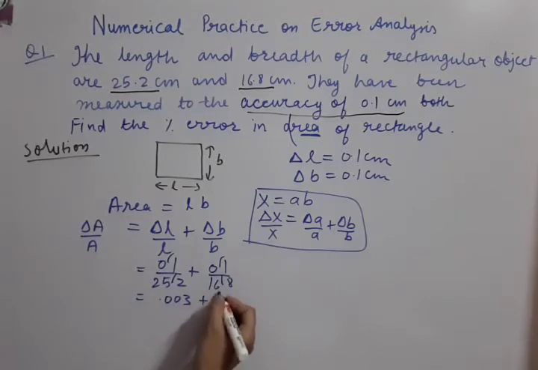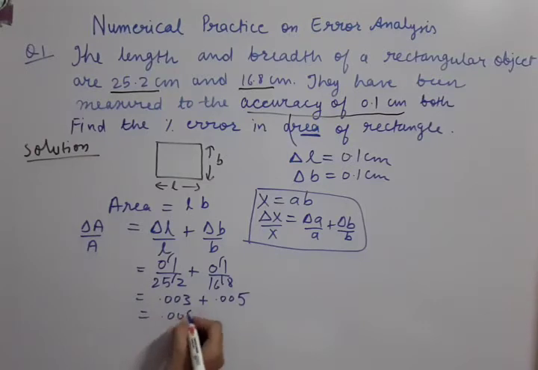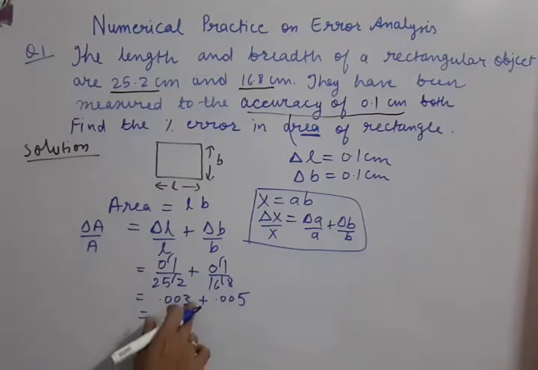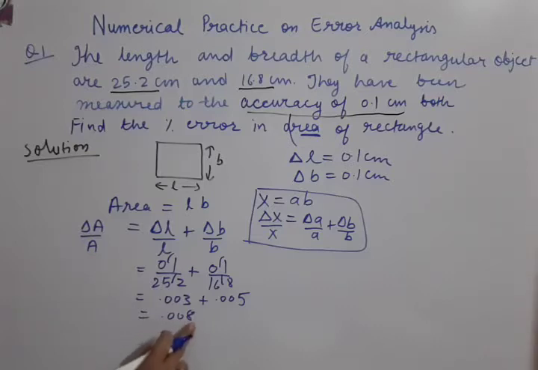In the same manner, if I divide the other, it comes 0.005. That means 0.008 is the answer. We can get one more digit after this non-zero digit, but just now I have taken only up to three decimal places. So 0.008 is okay. This is the answer for delta A by A.